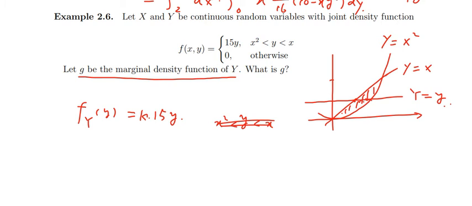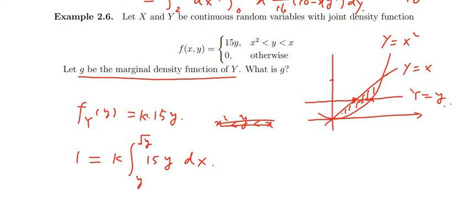For this y, x goes from this point to this point. So we let k times 15y, integrated dx with y fixed, where x goes from y to the square root of y, equal 1.